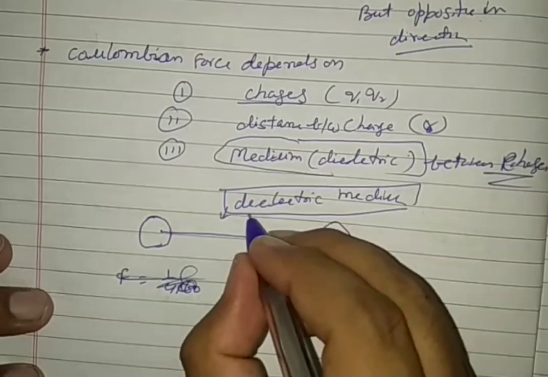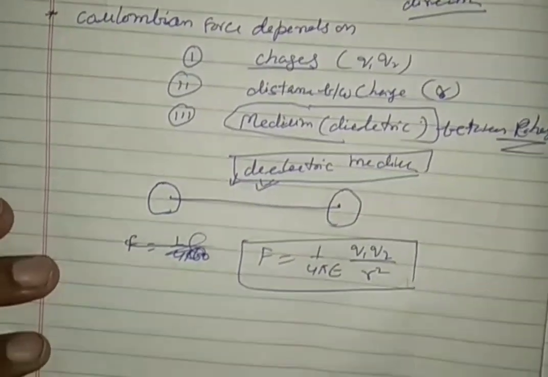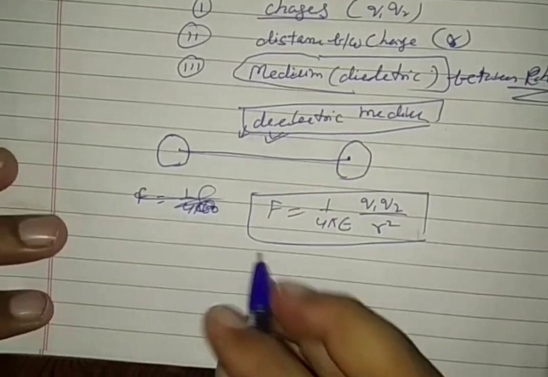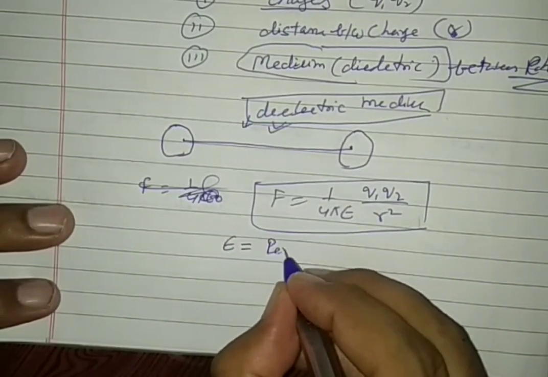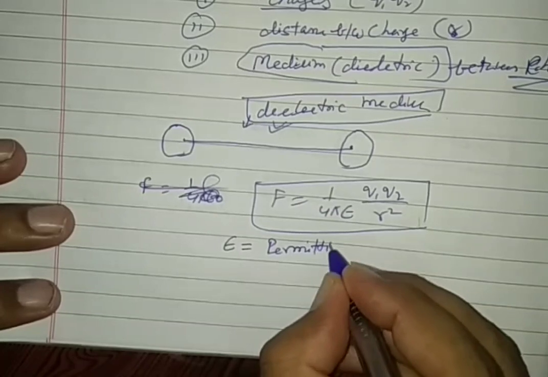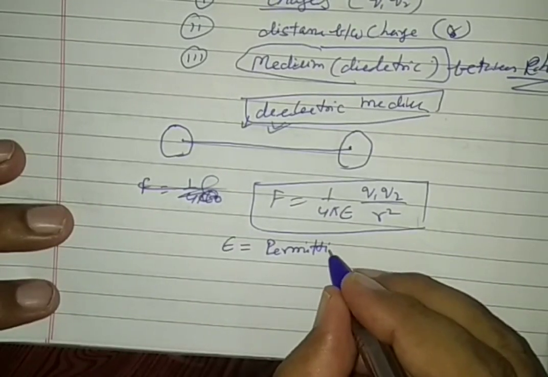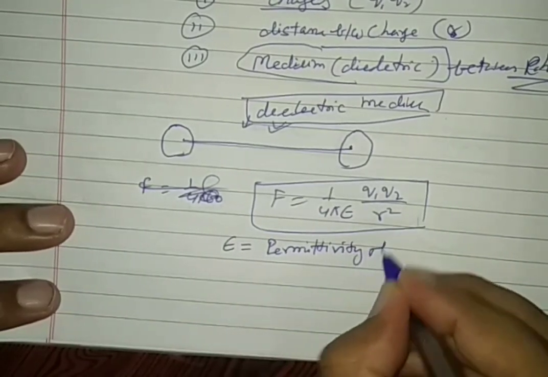So medium is also important here in this case, right? Where epsilon is known as permittivity of medium.